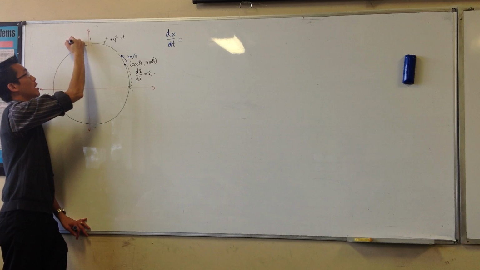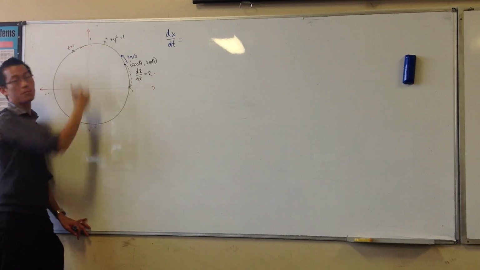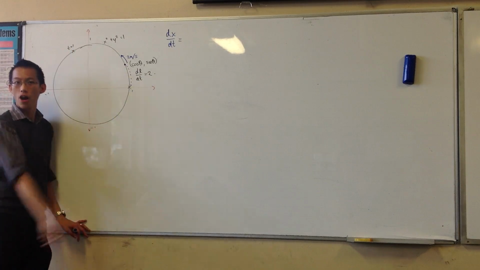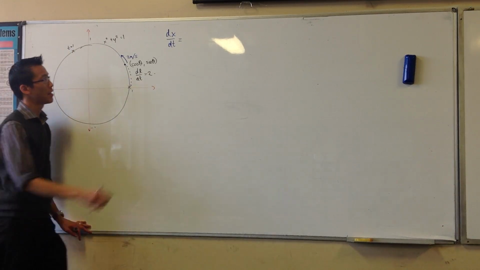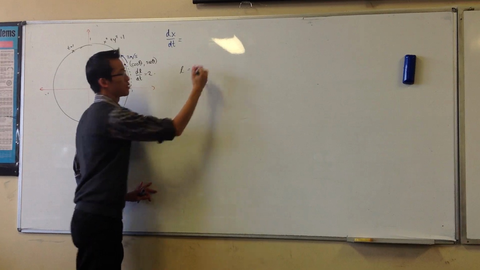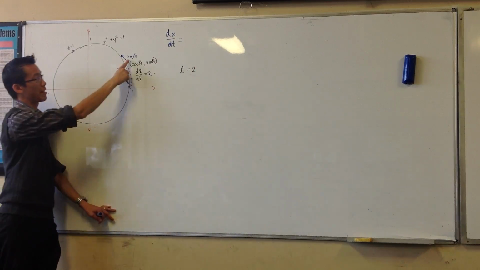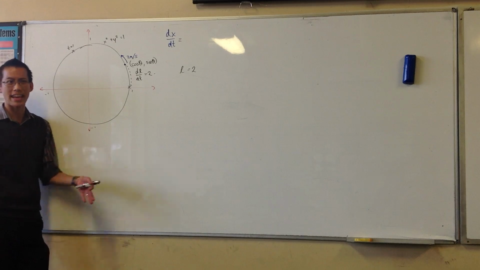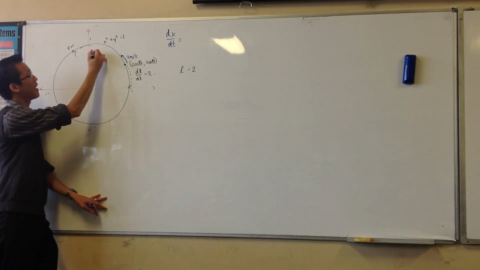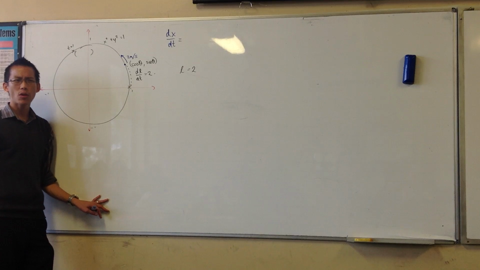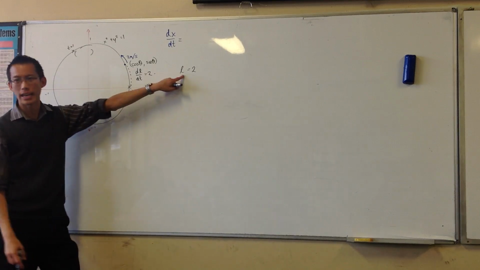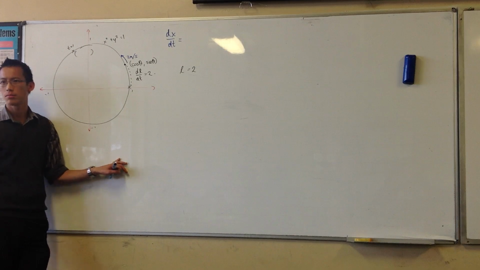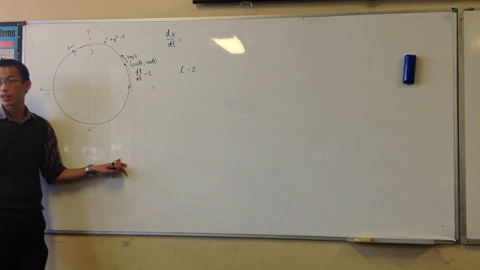So when t equals 1, this is where I am, okay? The arc, L, that I've traced out, that length will be 2 meters, because that's the rate I'm traveling at. So what I'm trying to get after is what my coordinates are at this point. How do I work out the coordinates if I know the length of this arc I've made is 2? How would I get the coordinates? Good, exactly right.